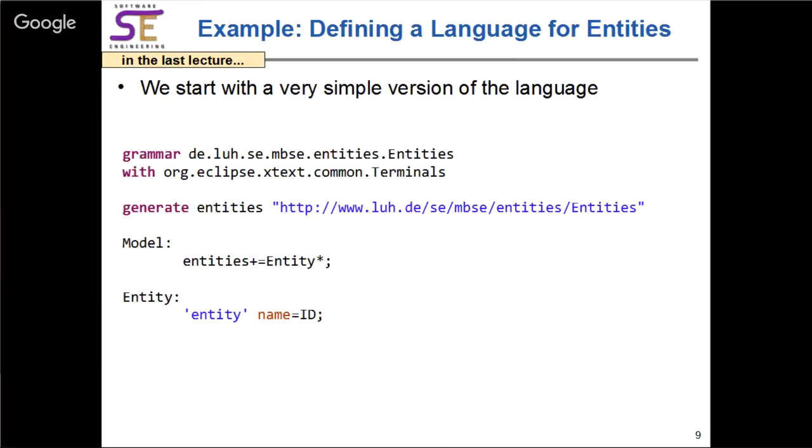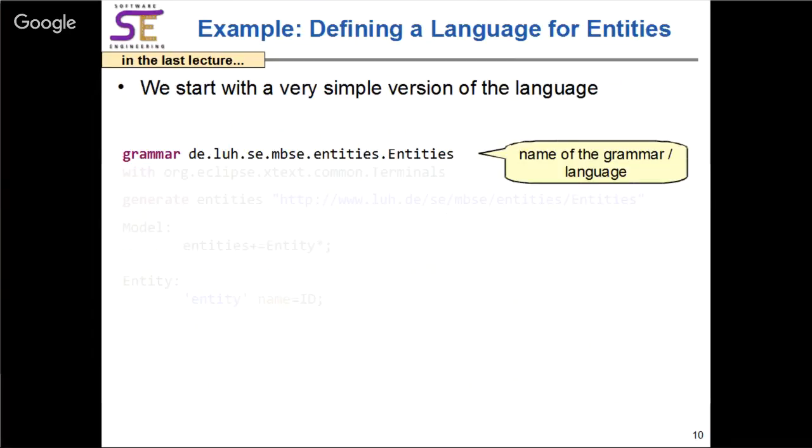But let's go through this step by step. This file consists of, first of all, a grammar namespace or name definition. So we say grammar, and this is the name of the grammar.